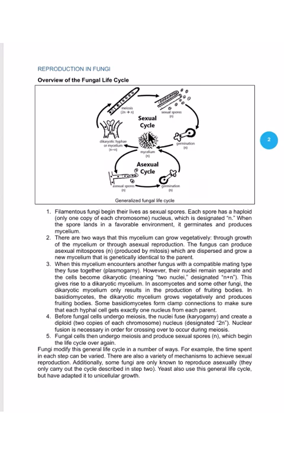When it produces a mycelium, the mycelium takes one of two routes. Either it goes asexual cycle, or sexual cycle. Let us start with the asexual cycle.